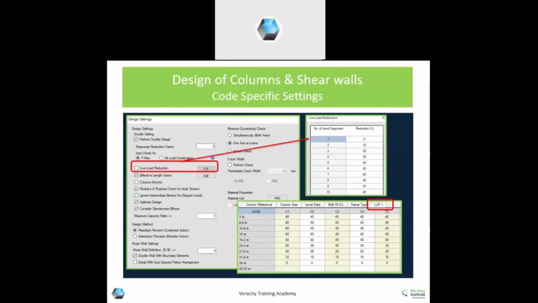Here 40% reduction is the maximum allowed by our code. If you specify 50 or 60, it will not take. Whatever is allowed by code, you can take lower than that, but not more than that. Next, this live load reduction for each column can be seen column wise and level wise in your input data.